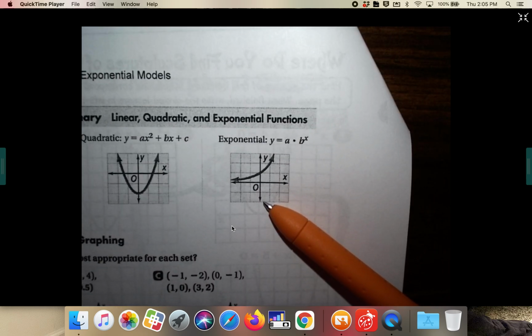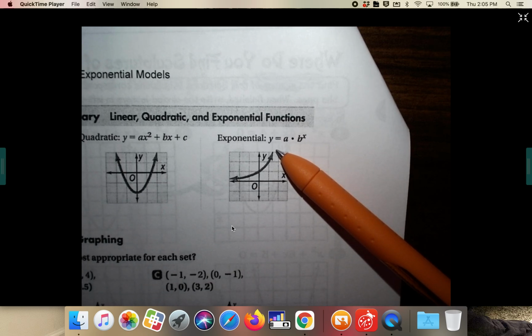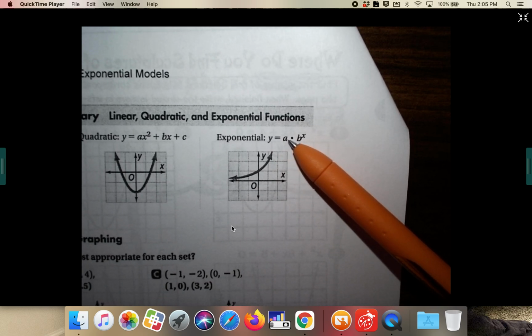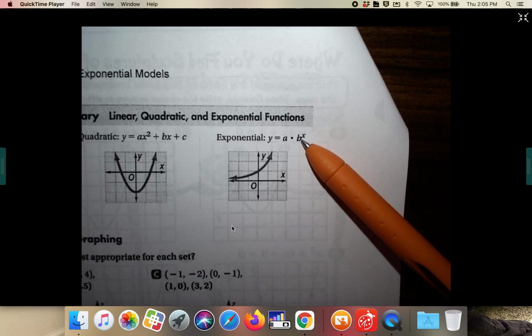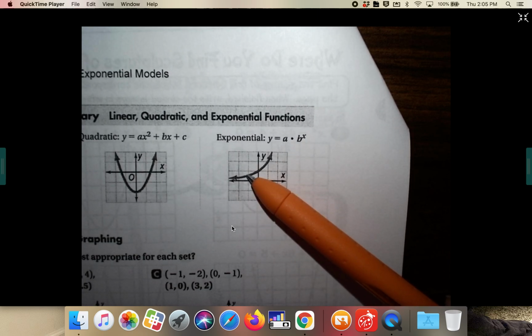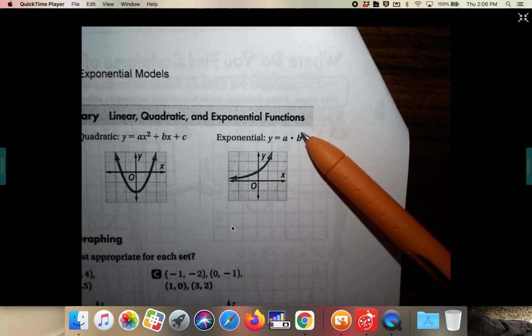And then a quick review of exponential. On a graph, it's a curved line. We already kind of talked about that, but the equation is y equals a times b to the power of x. X is going to stay x, but the b, remember, is kind of whatever the pattern is. How quickly is it growing exponentially? Is it doubling every time? If it was doubling every time, then this b would be a 2.